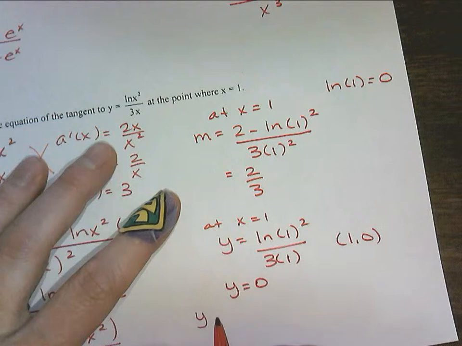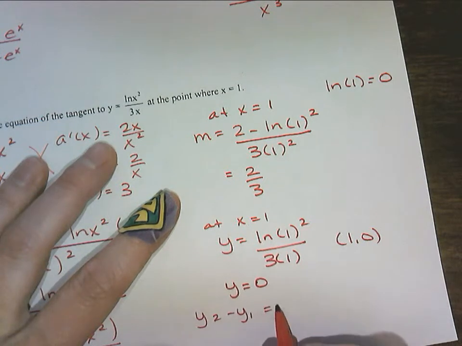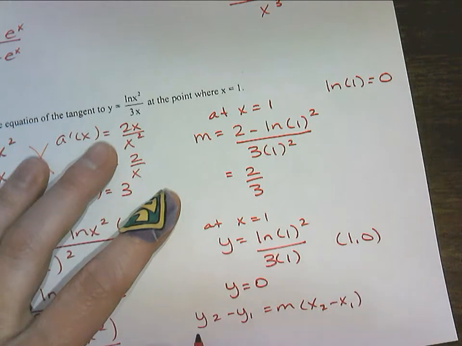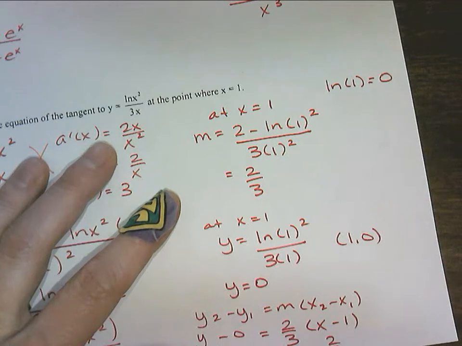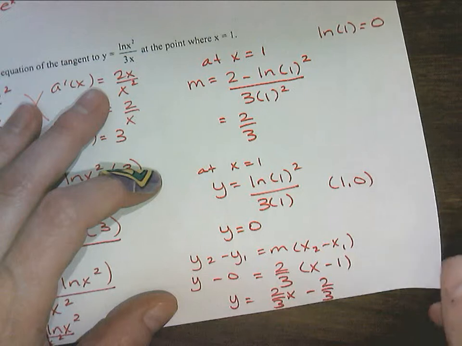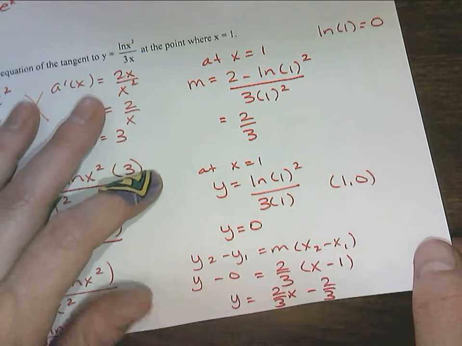So if I plug these in, I get to the equation of a line. I'm going to get y minus 0 equals 2/3 times x minus 1, or y equals 2/3 x minus 2/3. If I want to change this into the Cartesian or general form, I'm going to multiply everything by 3.